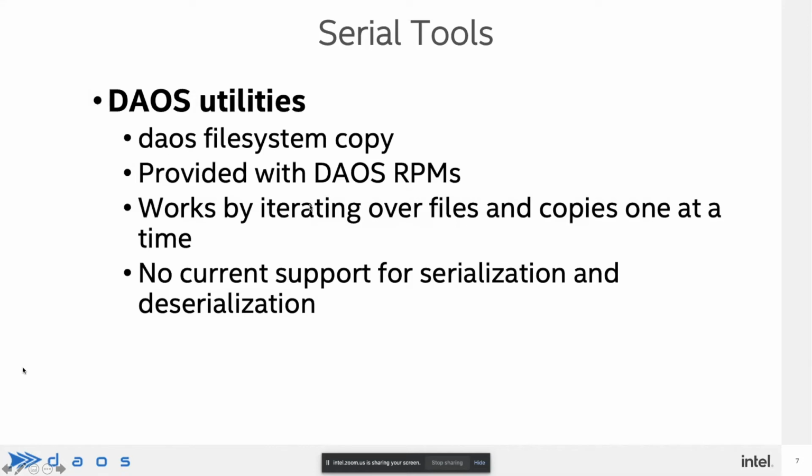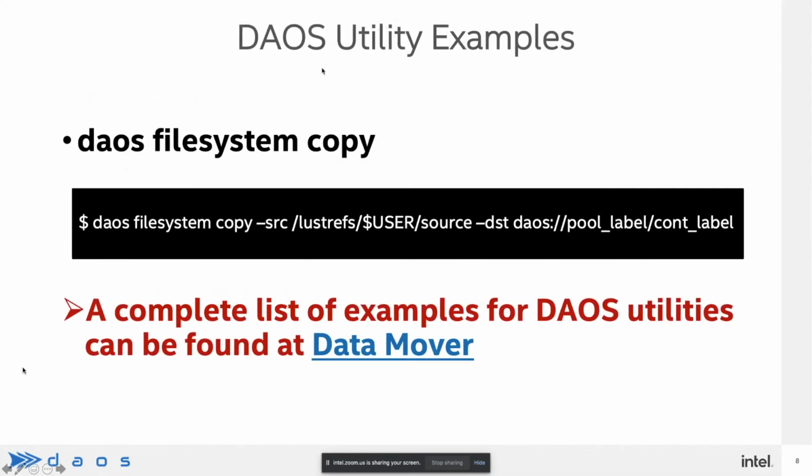There's not currently any support for serialization tools, but you can copy POSIX data in and out of DAOS with this tool. You can run this tool after you have DAOS installed. You run a DAOS filesystem copy and then specify your source, in this case Lustre, and then the destination pool and container.